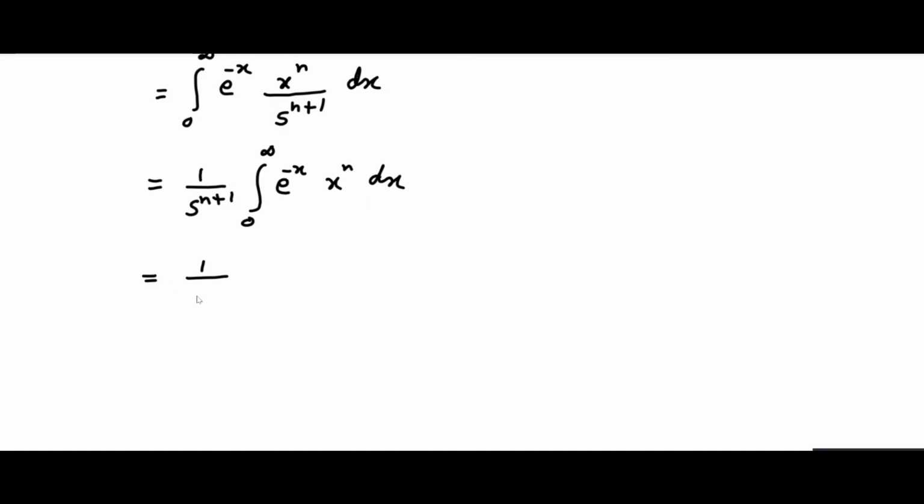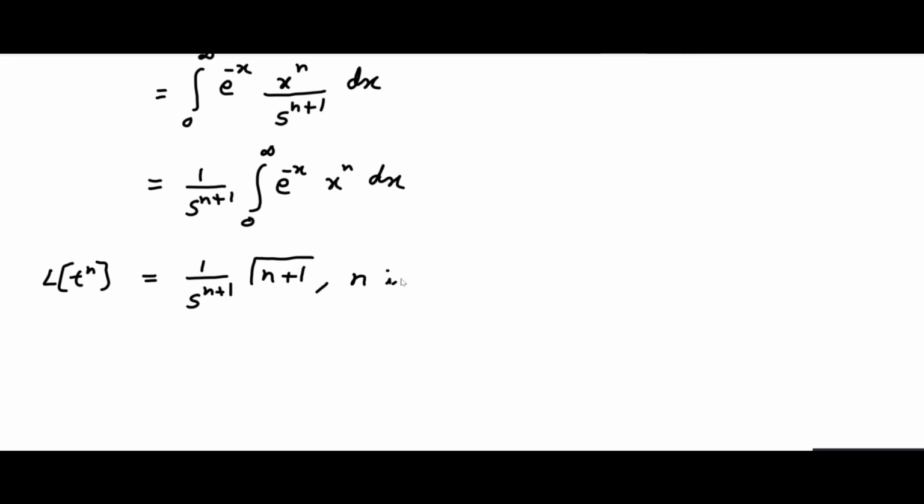So this complete integral represents the gamma function, which can be written as gamma of n plus 1. So the integral from 0 to infinity of e power of minus x, x power of n dx is nothing but gamma of n plus 1. Therefore, you have got the value of the Laplace transform of t power of n.